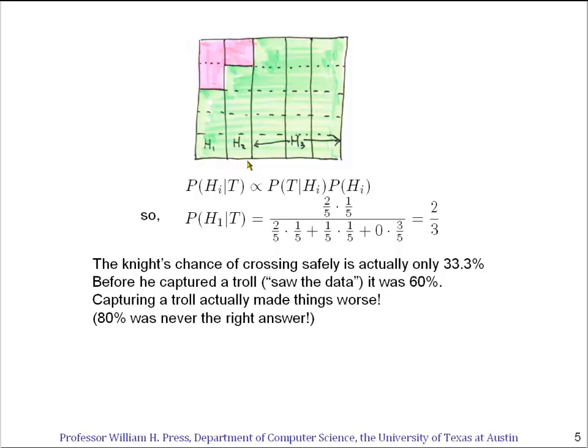He acquired the data that he must be in these 2 columns and not in these 3 columns. Capturing the troll actually made things a little bit better because in the case of this column it eliminated the threat, whereas in the case of this column it eliminated only half of the threat. However, it is true in this problem that the knight now has only a 1/3 chance of crossing safely.